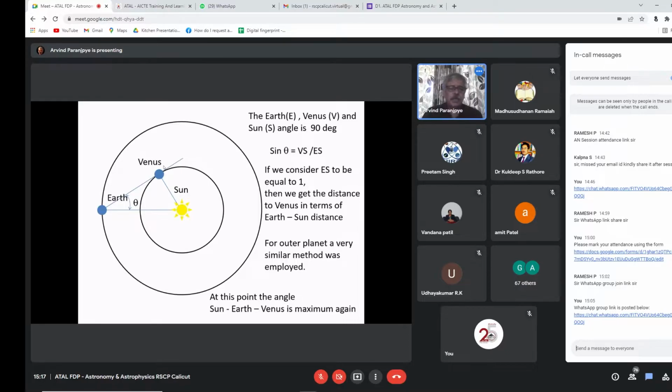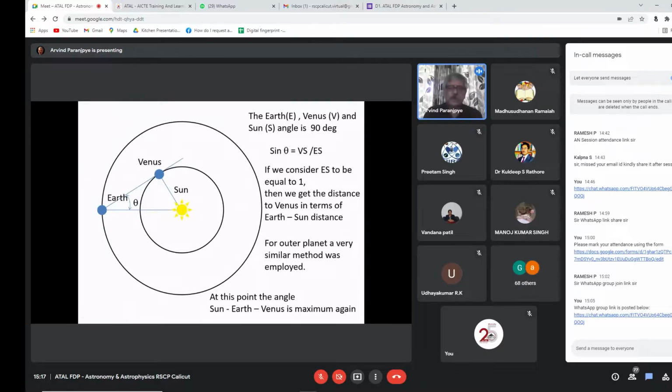I told you that the maximum angle between Venus and Sun is 47 degrees, so you can put 47 degrees into sine, do this little bit of calculation, and arrive at the distance of Venus from the Sun in terms of the Earth-Sun distance.